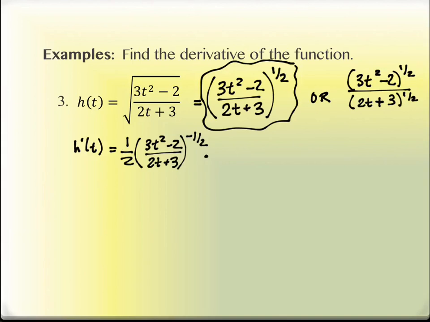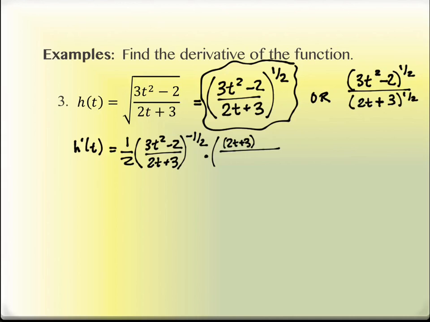Now I need the derivative of the inside. Well, that's where the quotient rule comes into play. All right, so quotient rule says what? Where do I start? The denominator or the numerator? The denominator. So the denominator is 2t plus 3. And then what?